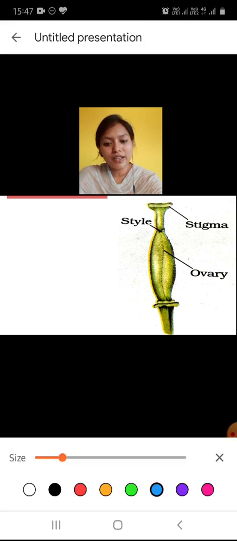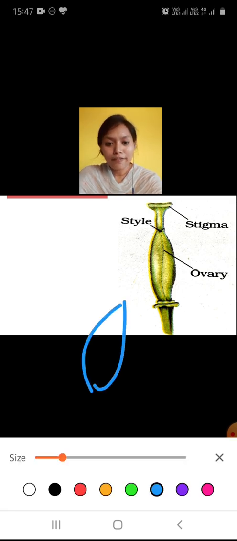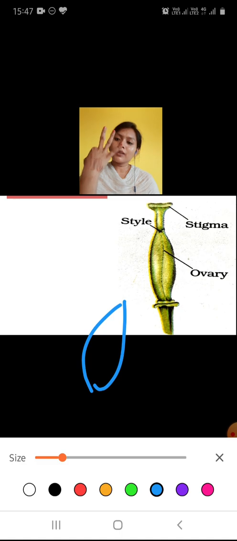And what we were discussing after this is the female reproductive part of the plant, that is the pistil, and it is present in the center of the flower, and it has three parts. First one, who has the top position in your life?